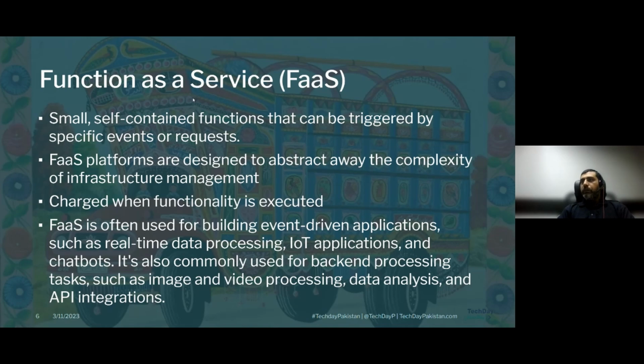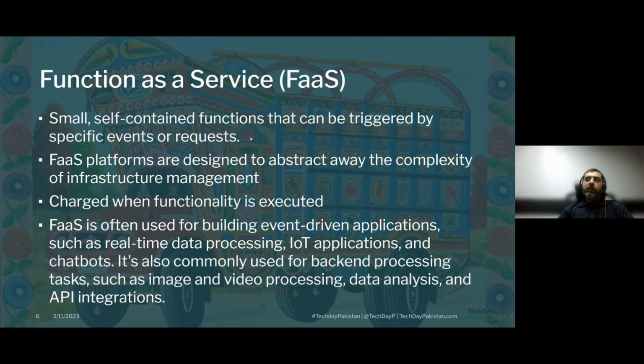Function as a service simply means a small self-contained function, like we have functions in programming. We deploy that function in cloud, and then those functions can be triggered by specific events or requests. So just assume you are writing a REST API and you have created a simple calculate cost function.